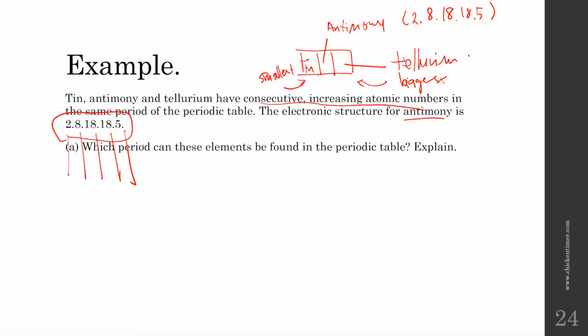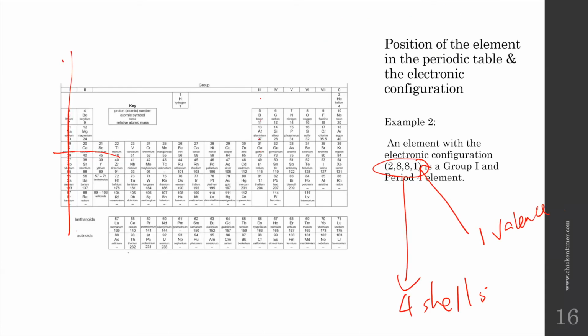Yeah, let's examine it again. So it's here, we have antimony here. 1, 2, 3, 4, 5. Sorry, it's tin, antimony, and the third element is here. 1, 2, 3, 4, 5.